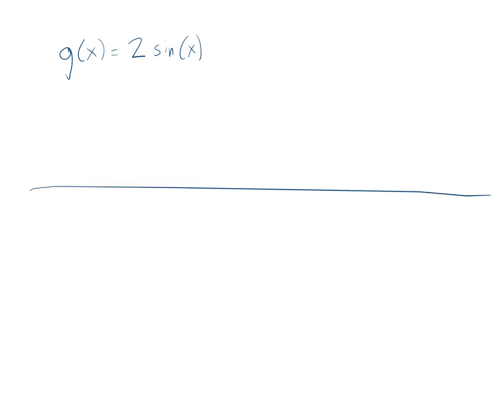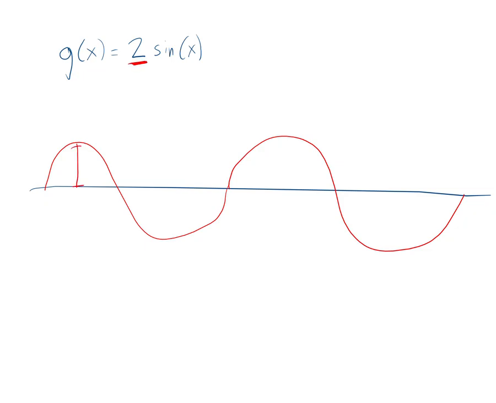What if we do something like g of x equals 2 sine of x? What is that going to do? Well, we're still going to get this behavior of this repeated line through space. But it turns out this number right here defines the amplitude.